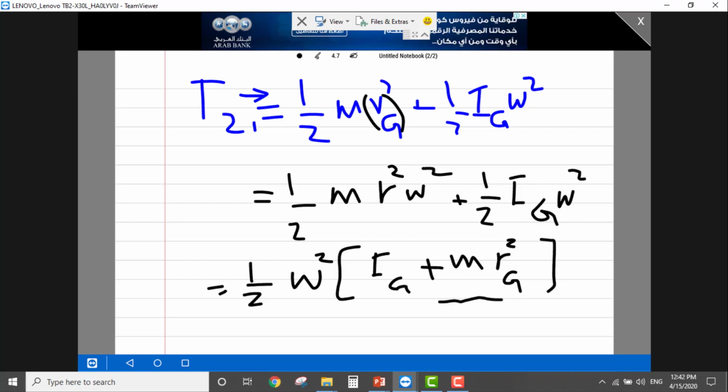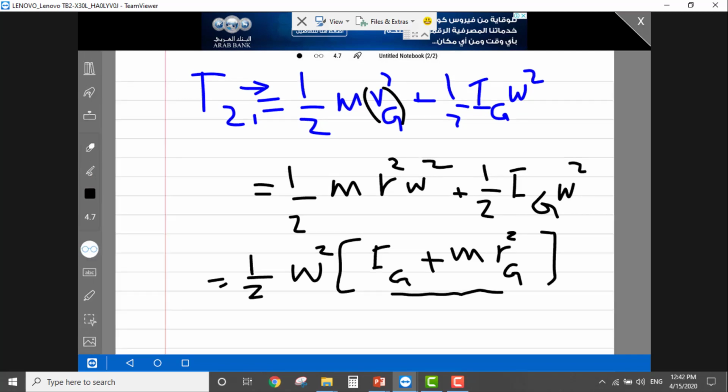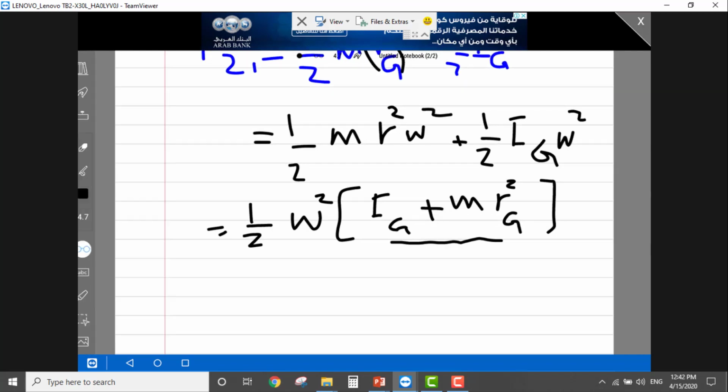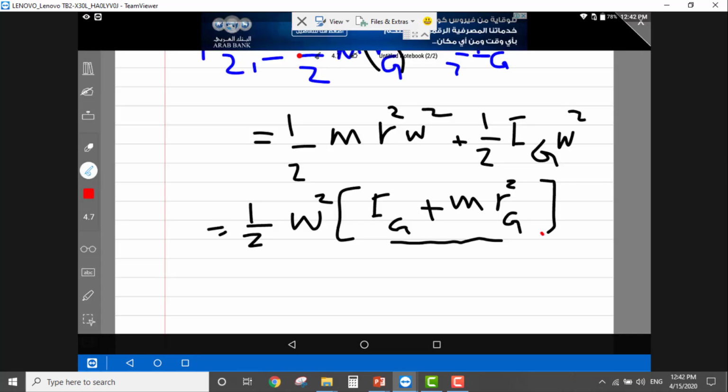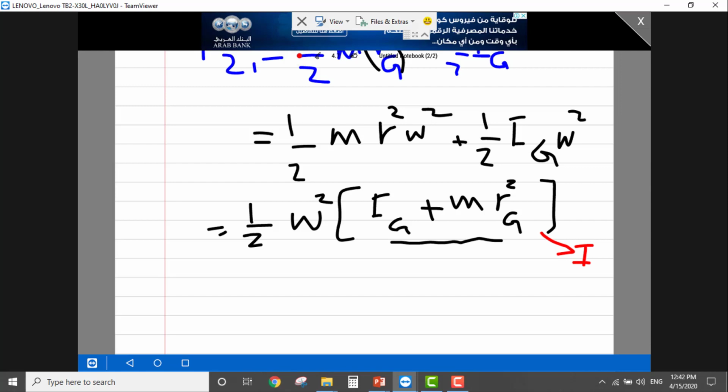If you remember the parallel axis theorem, the bracket gives the same result: this represents I with respect to IC, because R is the relative position vector of G with respect to IC.